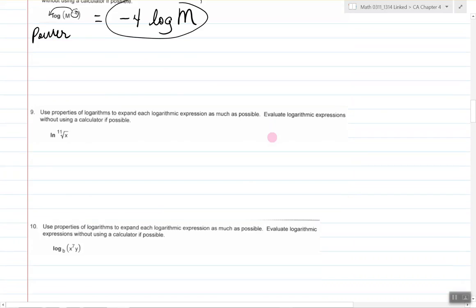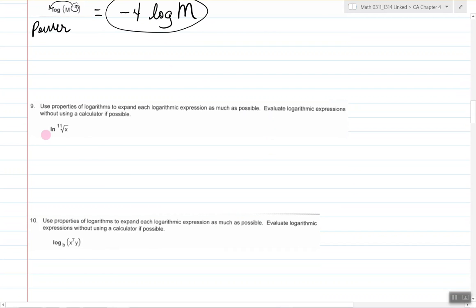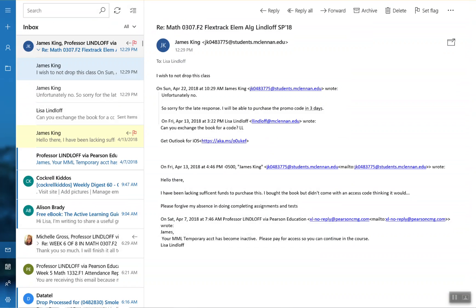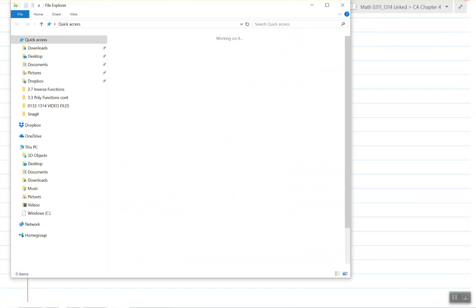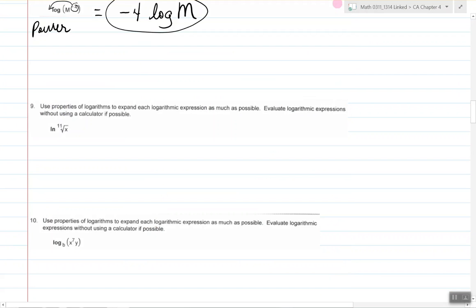The next one, this is the ln. All right, this is the ln of the 11th root of x. So let's go over here and remember something. The 11th root of x. Roots can be written as fractional exponents. This is x to the 1/11th power.